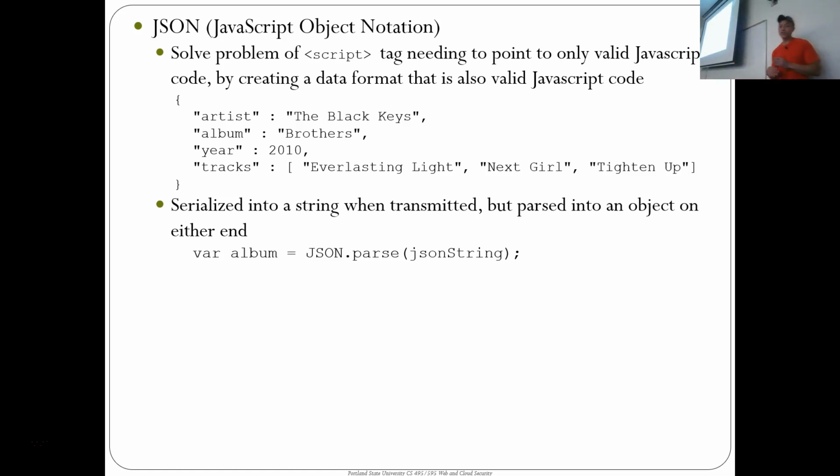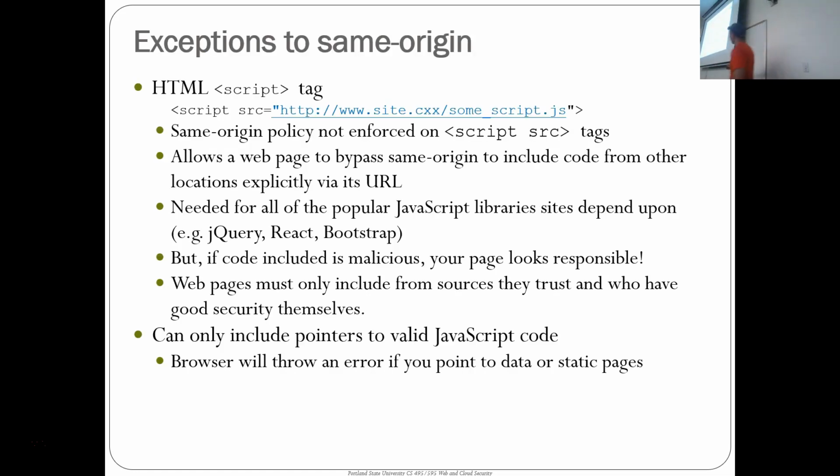So one of the things that they wanted to do was to start delivering data cross-domain. And so the origins of the JSON format was to get around the fact that you had to include valid JavaScript code in order to do this cross-domain. So they decided they wanted a data format that looked like valid JavaScript code.